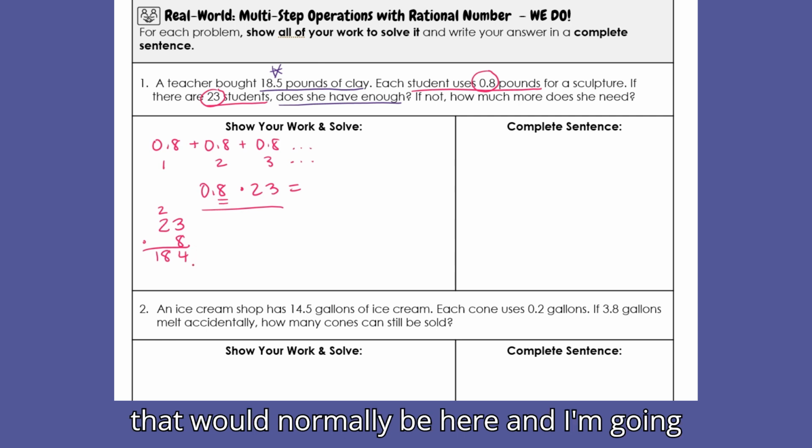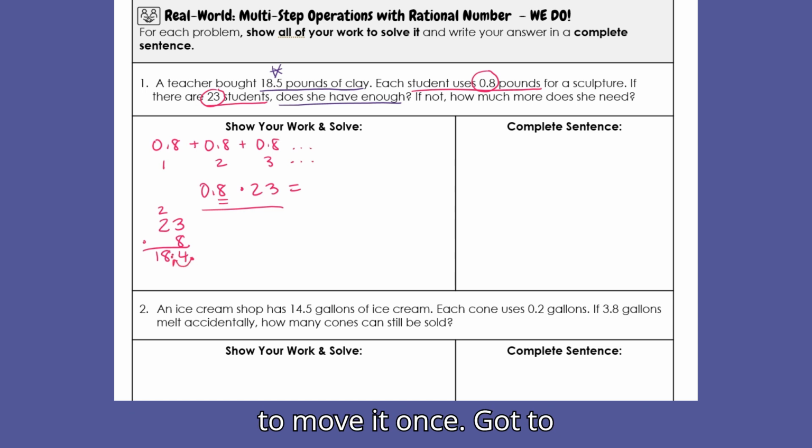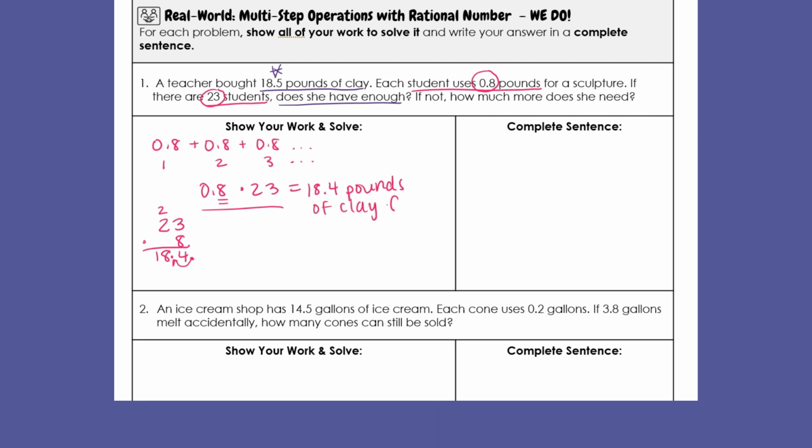So I'm going to take my decimal that would normally be here, and move it one spot to the left. So 0.8 times 23 would be 18.4. And this stands for, I need 18.4 pounds of clay for 23 students.